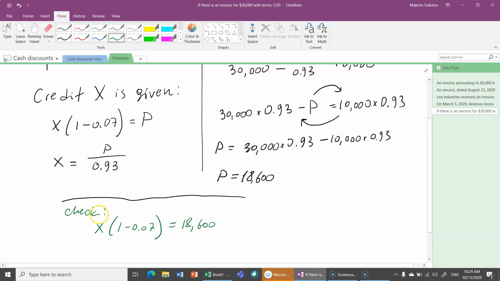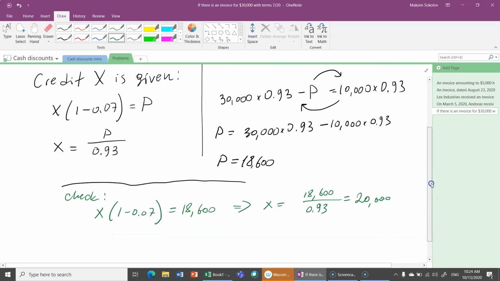So we pay out some bigger amount, which is credit. And how big is that amount? It is the amount that, if discounted by 7%, should equal the payment we're making. So X, which is the credit, is 18,600 divided by 0.93. It's $20,000.